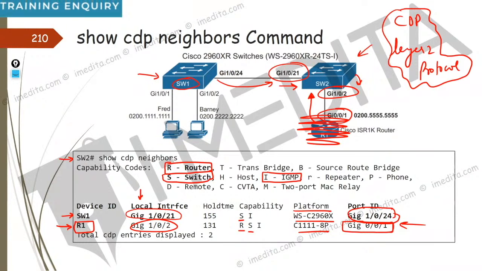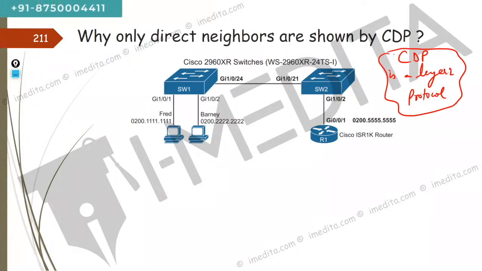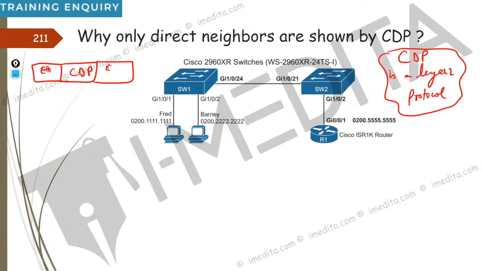Now the question comes, why are only direct neighbors shown by CDP? In order to understand this, we have to take into account the statement that I made earlier, that CDP is a layer 2 protocol. Now, what do I mean by that? What we mean is that whenever you have any CDP message, if I show you layer by layer, it contains a layer 2 header and a trailer.